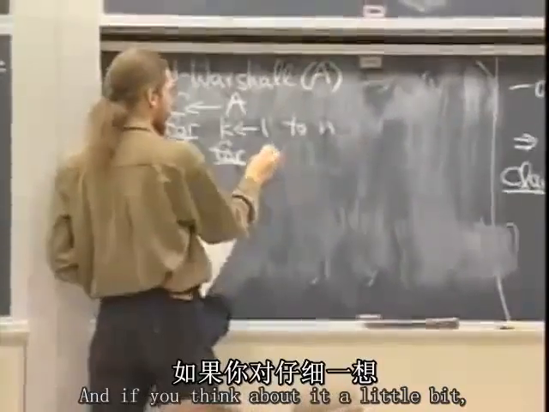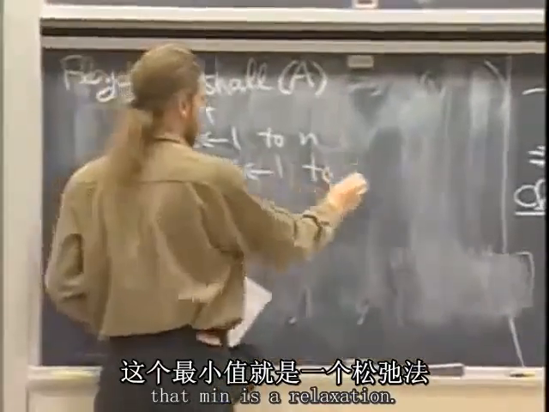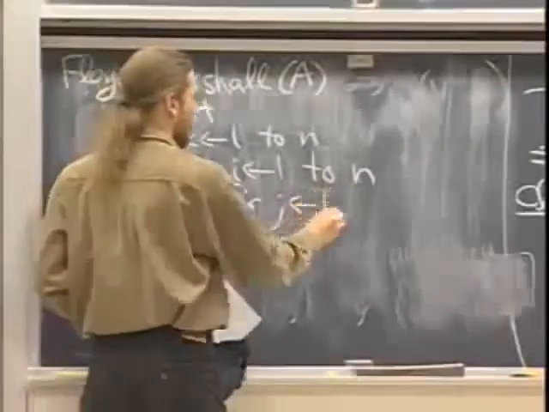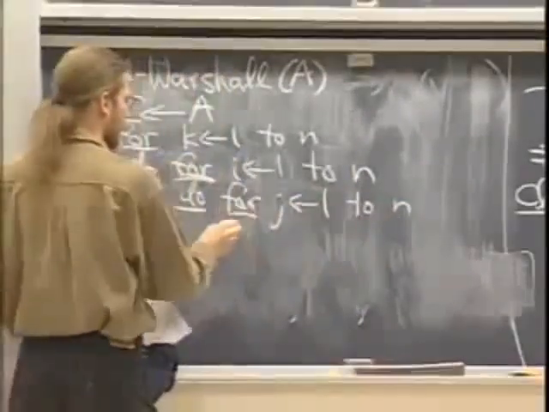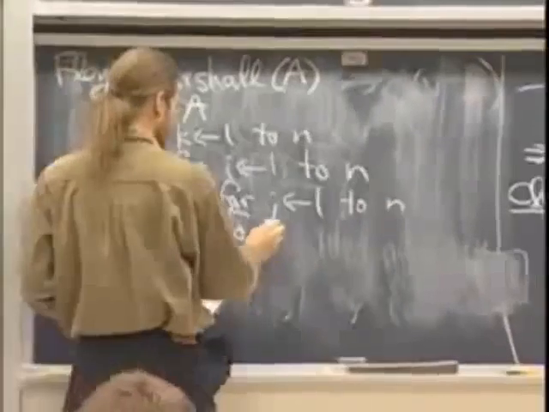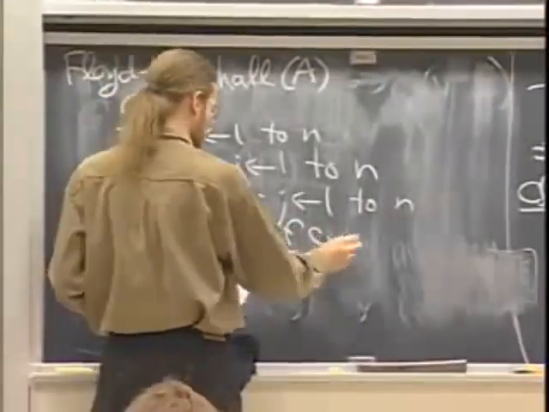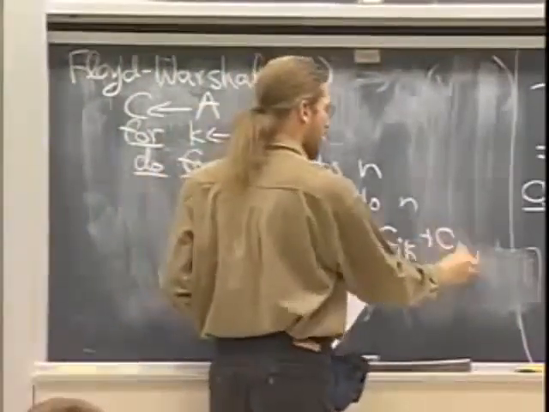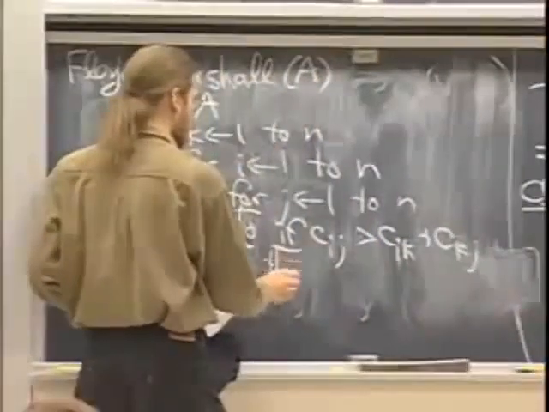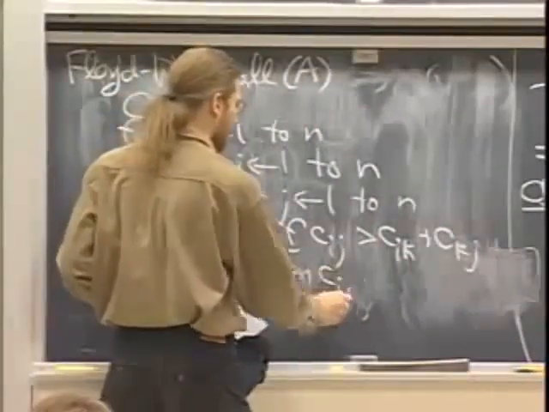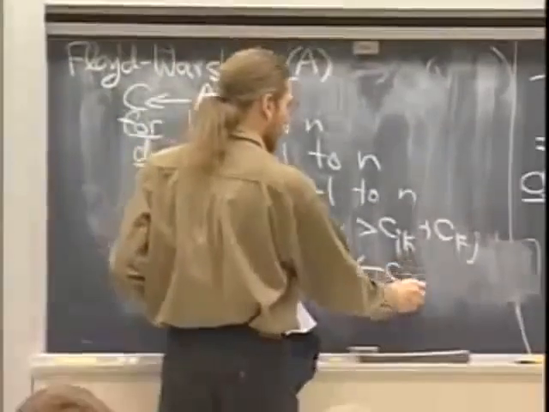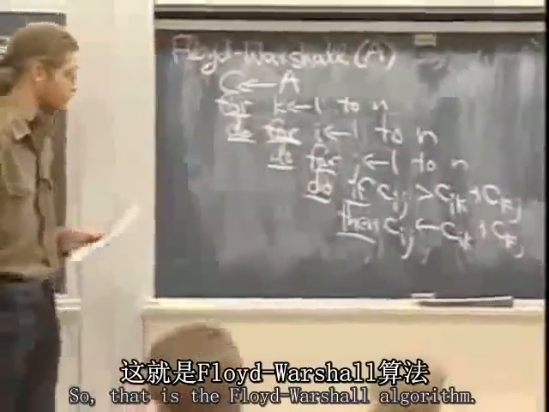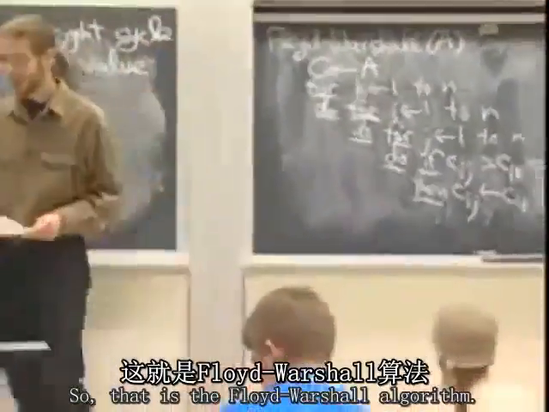And if you think about it a little bit, that min is a relaxation. Surprise, surprise. So that is the Floyd-Warshall algorithm.